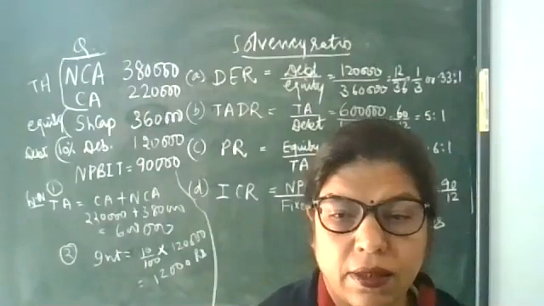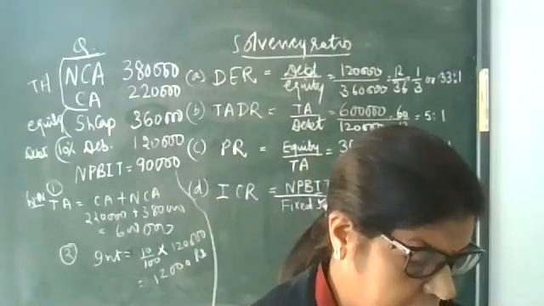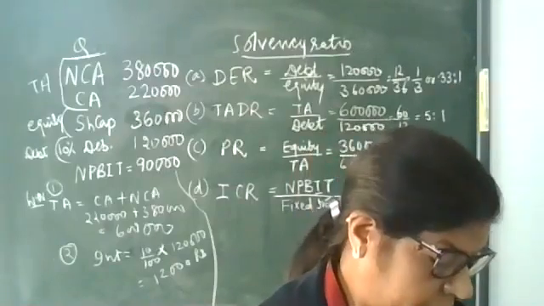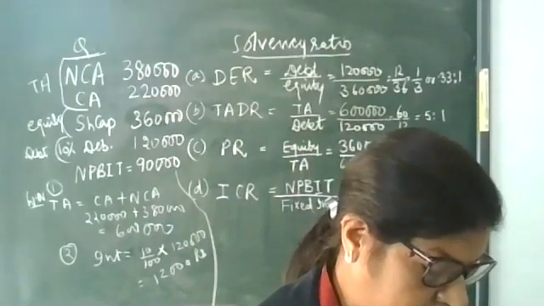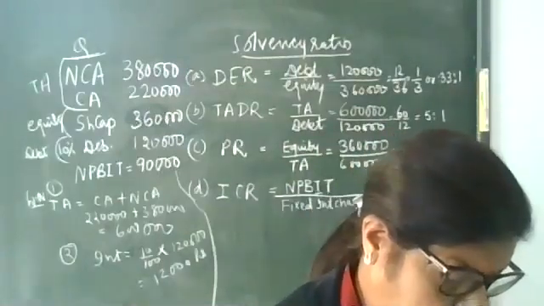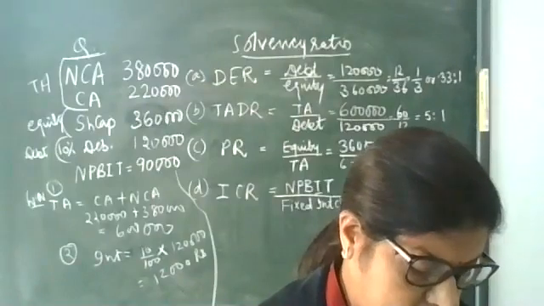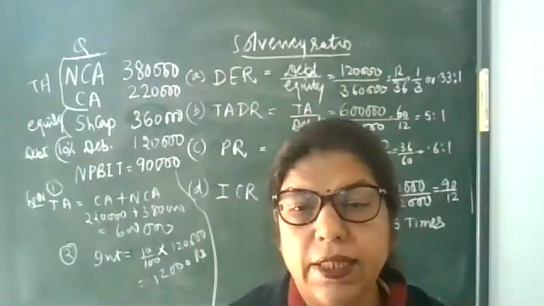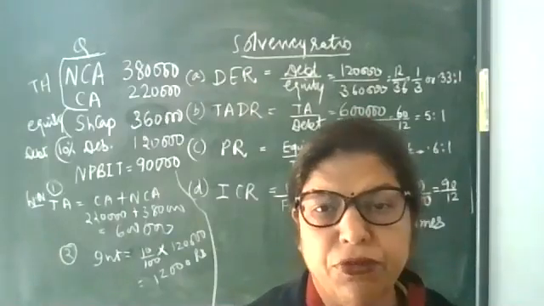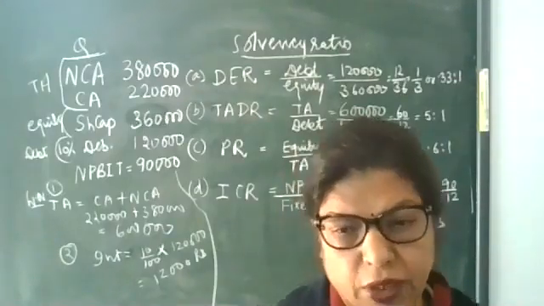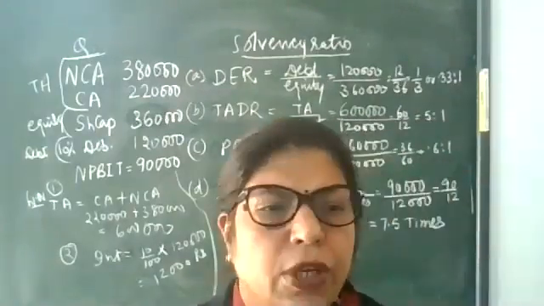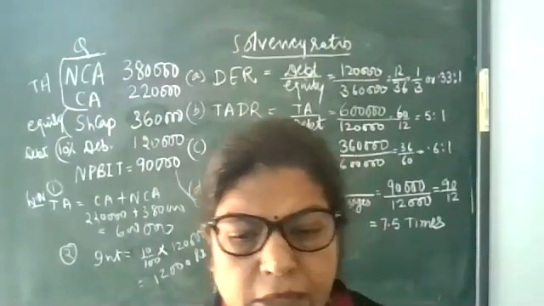ICR 7 times. TADR 5.4:1. Okay, so do that question. If you have any problem, tomorrow we will discuss it again.